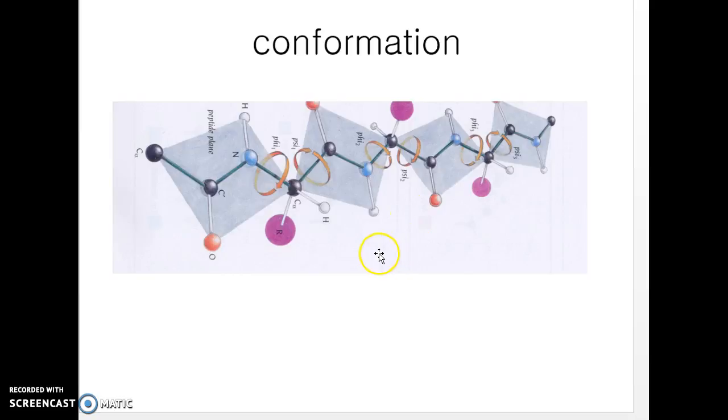Basically, in this slide you see all 6 atoms localized in gray plane, 4 atoms in peptide bond CONH, and 2 adjacent C alphas. All together they are just positioned in single planes.